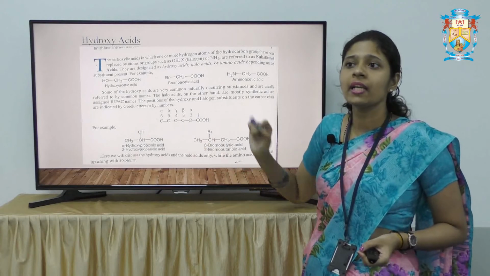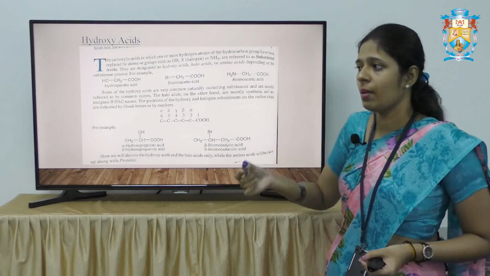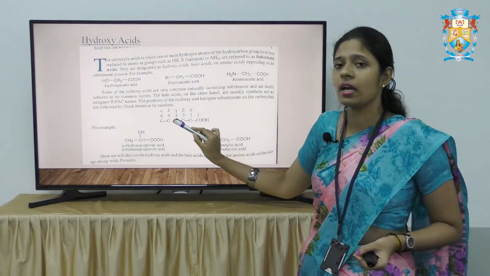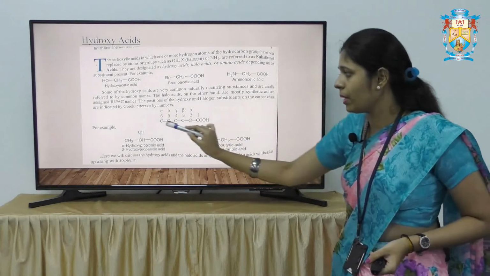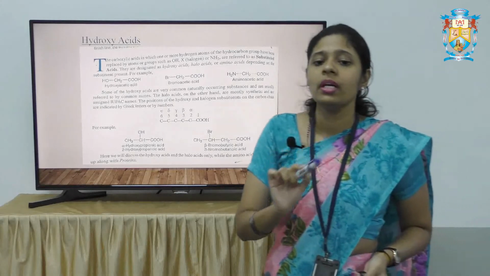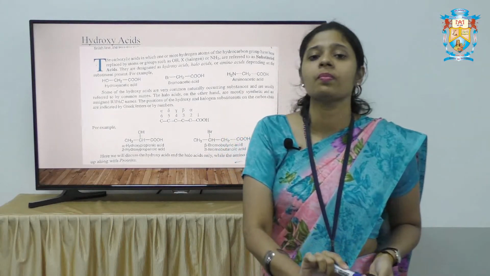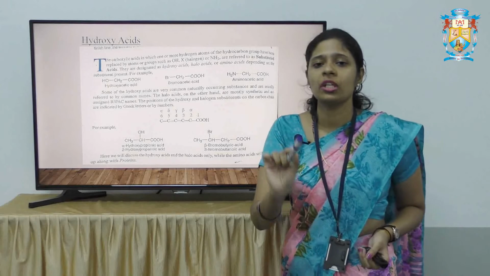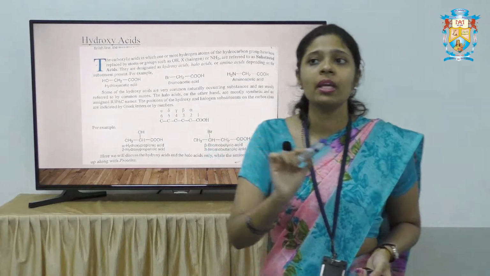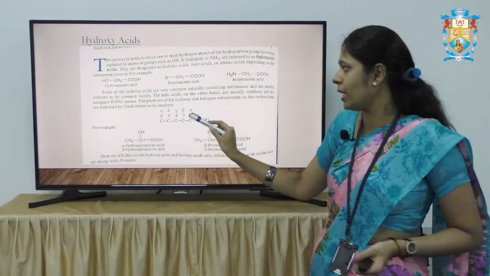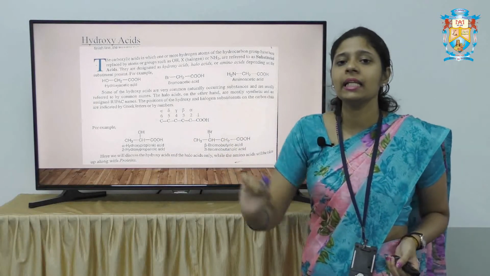The Greek letters will be in the same order, that is alpha, beta, gamma, delta and eta. So the naming is carried out from the main carboxylic acid group, and then it moves on to the next carbon as 2, 3, 4, 5, and the naming in Greek letters is the same, that is alpha, beta, gamma, delta and eta.